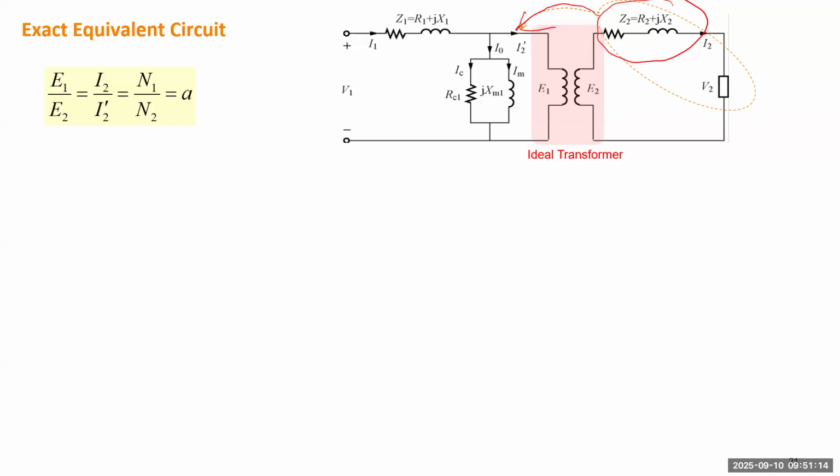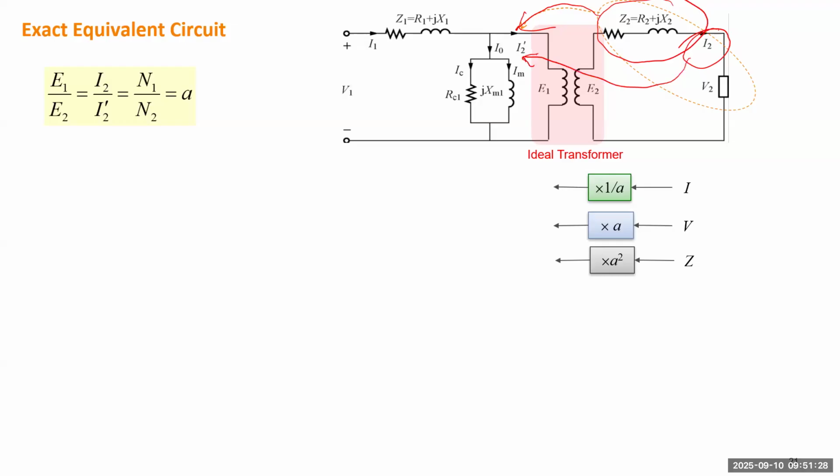To do that, we just need to utilize some transformation based on this ideal transformer. So for any current on the secondary side, if we move that current, let's see, there's I2, we want to move to the left-hand side, become I2 prime. So that current needs to be divided by the ratio.